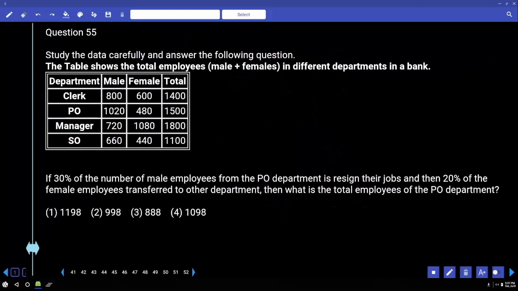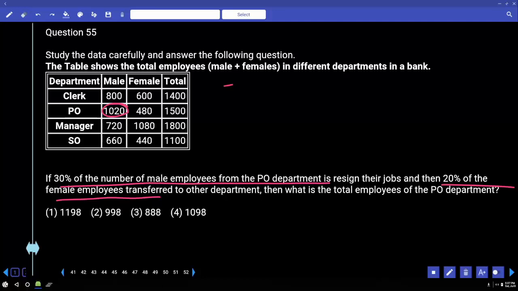Next, the table shows the total employees, male plus female, in different departments in a bank. If 30% of the male employees from the PO department resigned, and 20% of the female employees transferred, then what is the total number of employees of the PO department? 30% of 1020 is 306.